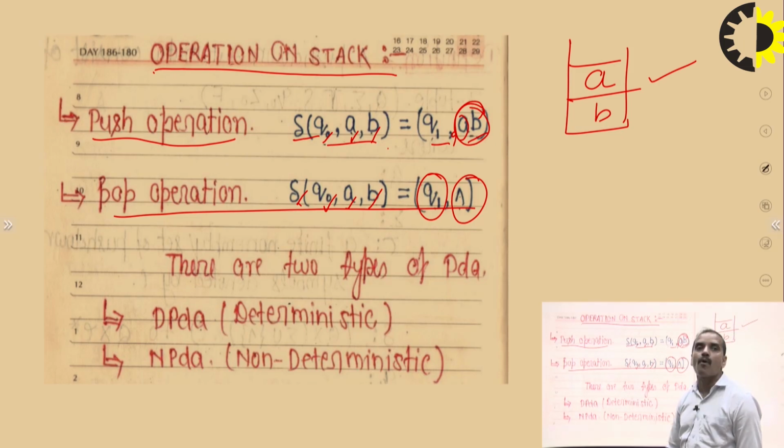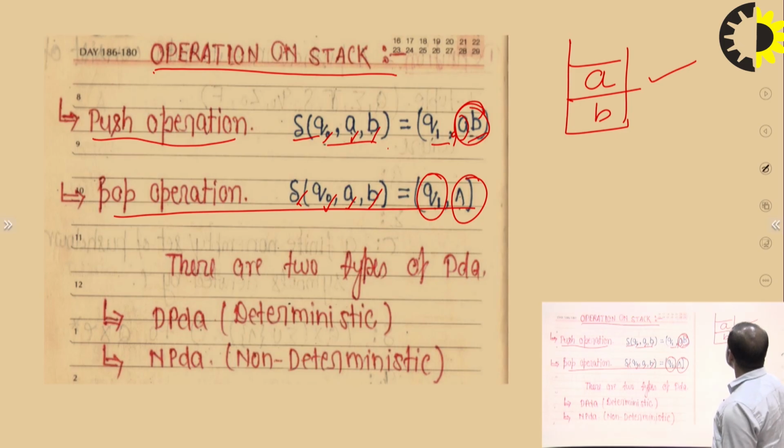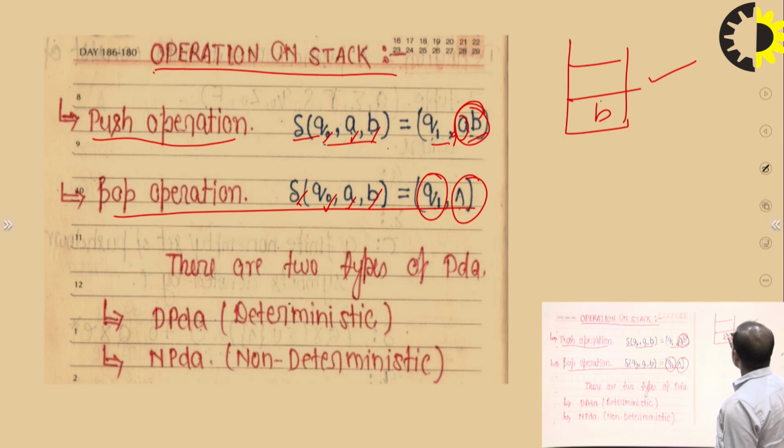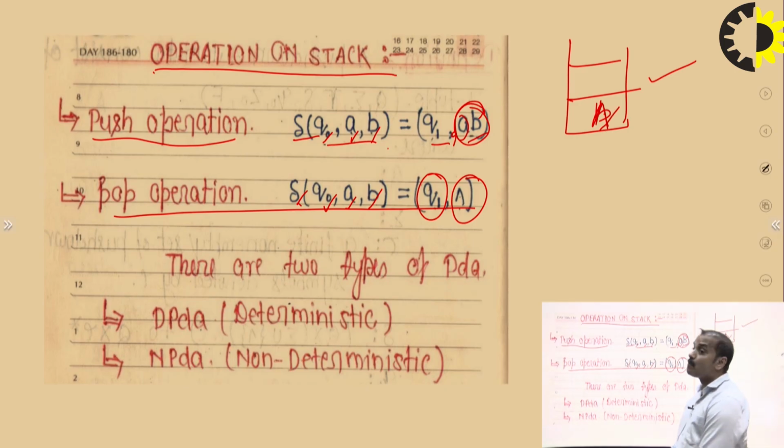That means we have to pop the top symbol B. If B is the top symbol, we erase this symbol, we make it null. According to this, the top symbol is B. After processing, we make it null. That means we erase this symbol. This operation is called the pop operation.